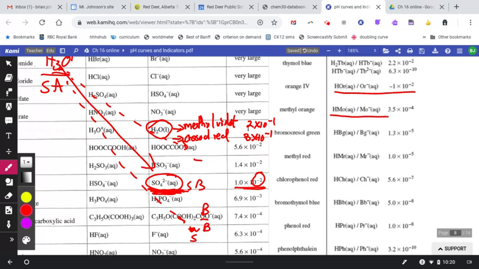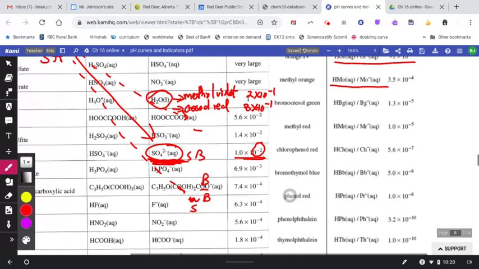If I chose methyl orange, 3.5 times 10 to the negative 4, it sits right here. It's too strong. So the acid would attack methyl orange first, and then it would attack SO4 2-, and that would be wrong because our indicator would get used up first.